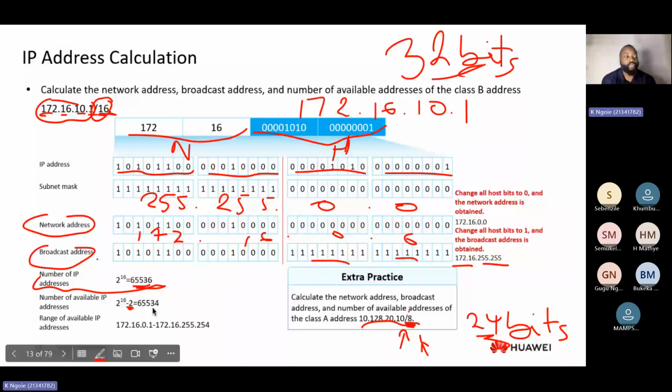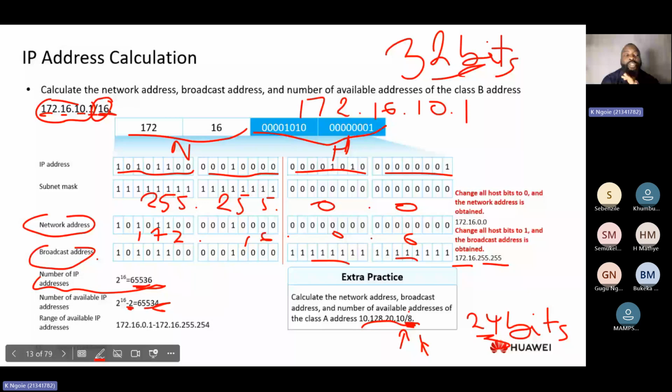Why do we minus 2? Can anybody tell us why do we minus 2? I think one is for the broadcast address, and then the other should be for the network address. Perfect.